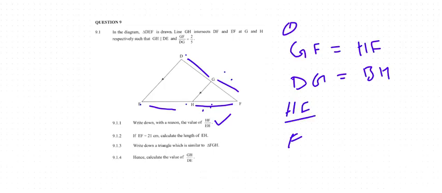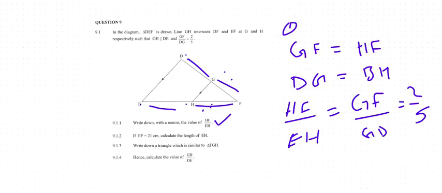All right. So the next question is that if EF equals 21 centimeters, calculate the length of EH.